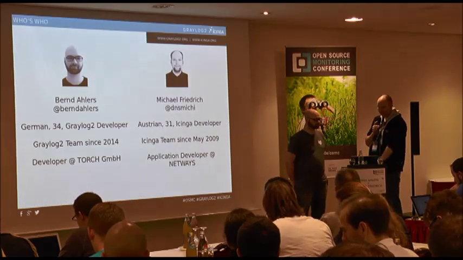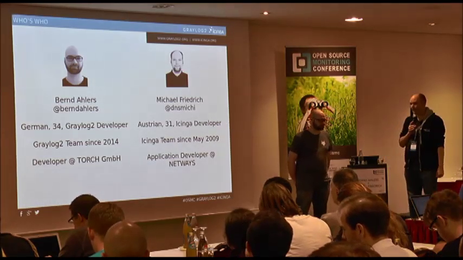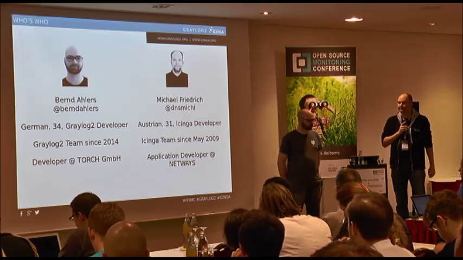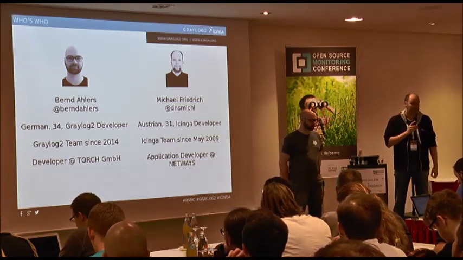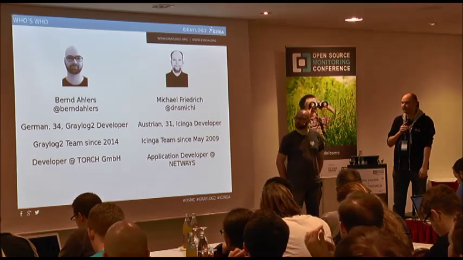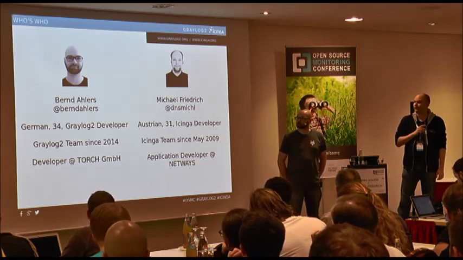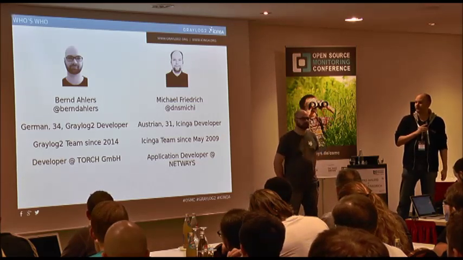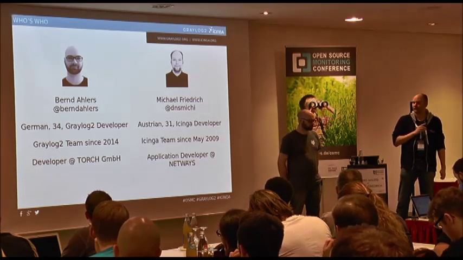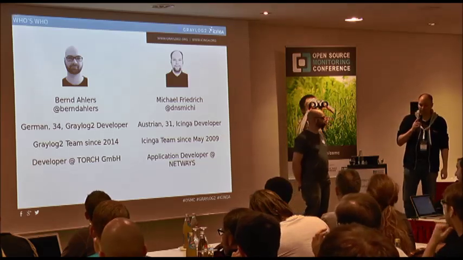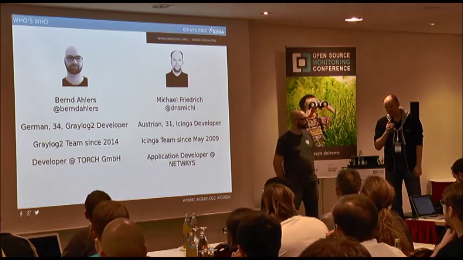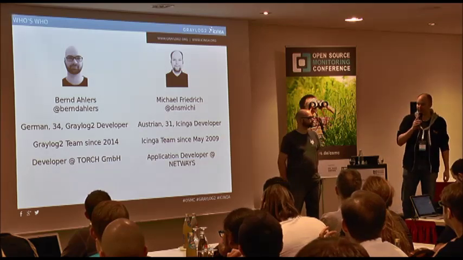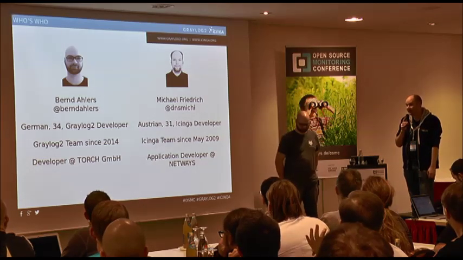Yeah, as Michael said, I'm Bernd. I'm from Hamburg, Germany, and I work at Torch in Hamburg, where I have worked on Graylog2 since May this year. Yeah, I think that's it. I'm from Austria originally, and I've been at NETWAYS for 2 years.